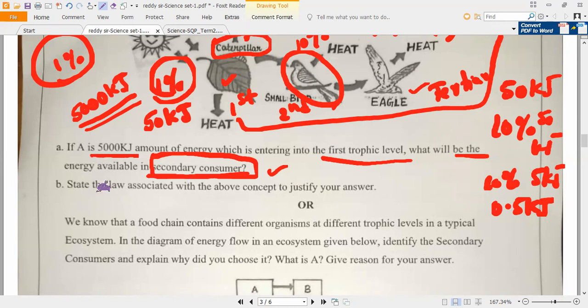Now, state the law associated with the above concept and justify your answer. What is that law above? The 10% law. So we have to explain the answer. In every trophic level, only 10% of the energy will be transferred from one level to another level, and the remaining energy will be useful for what?